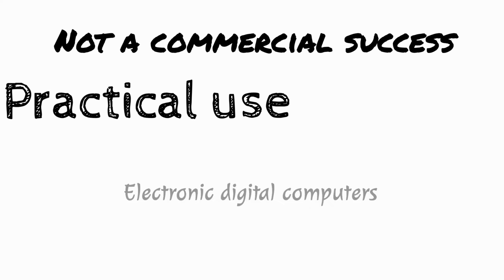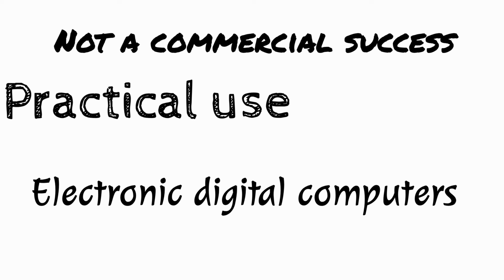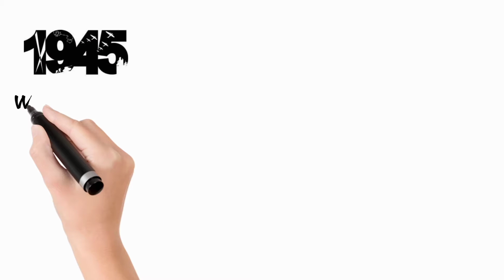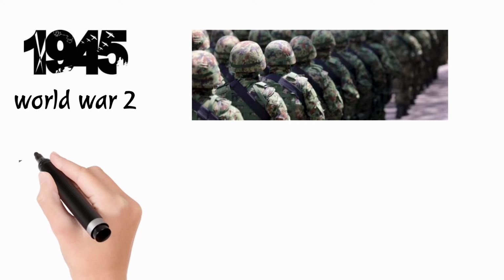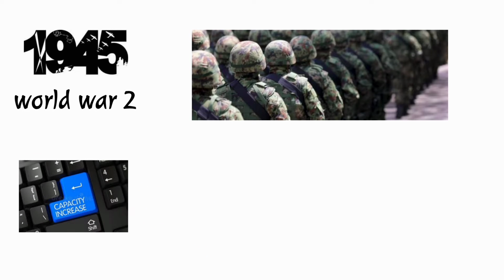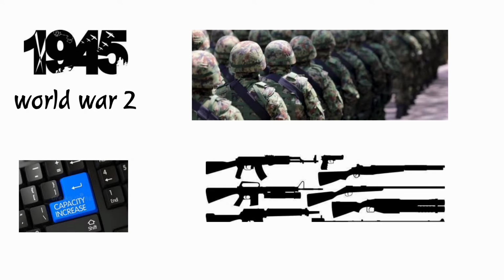Now, let's talk about the electronic digital computers. With the start of World War II, there was a large need for computer capacity, especially for the military. New weapons were made for which a large number of calculations was needed.